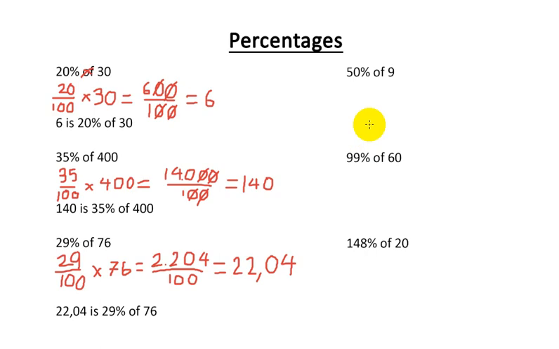Okay, so if you're back, that means that you either solved them or tried to solve them. So let's solve them together and see how they're supposed to be solved. In the first one, we want to find 50% of 9. So again, I turn 50% into a fraction, and this would be 50 over 100 times 9.